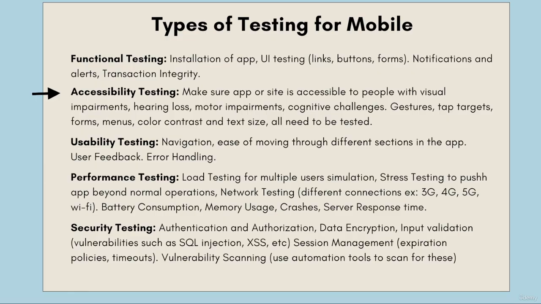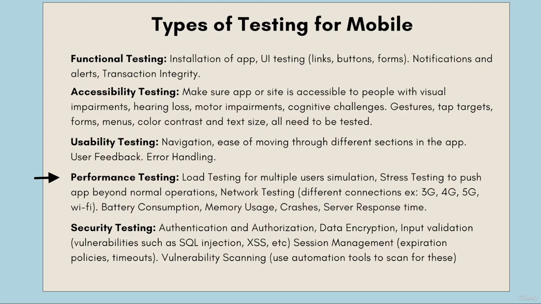But you can also specialize as an accessibility tester, and then you'd have to do a more in-depth test where you go over the WCAG requirements and all that stuff. But if you're specializing as a mobile tester, then you've got to learn the basics of accessibility testing. Usability testing, the navigation, ease of moving through the different sections of the app, like the hamburger menus, things like that. User feedback, that's part of UAT, and error handling.